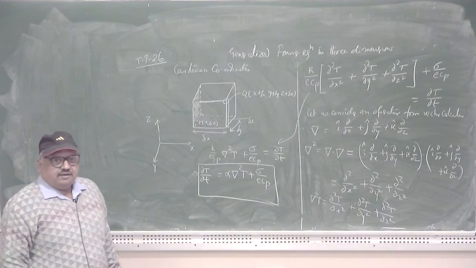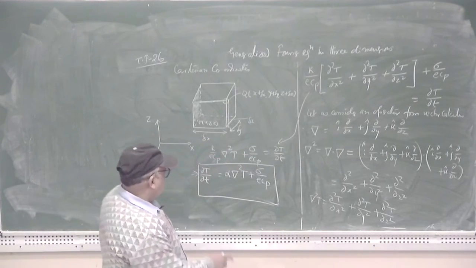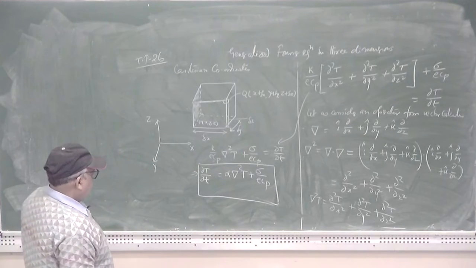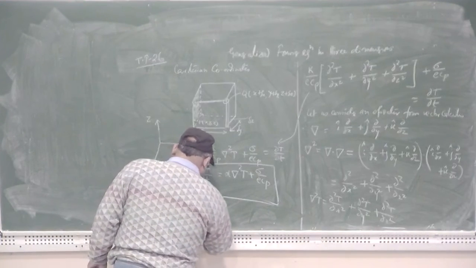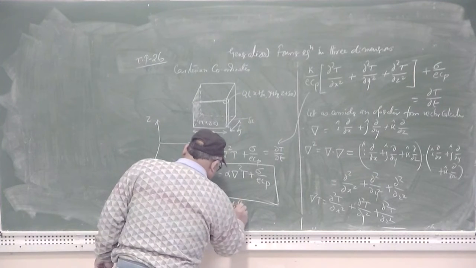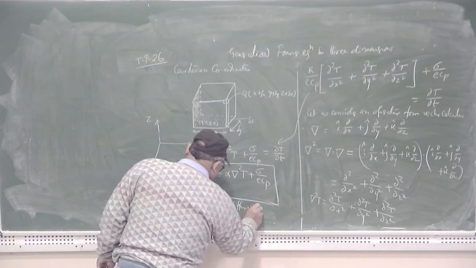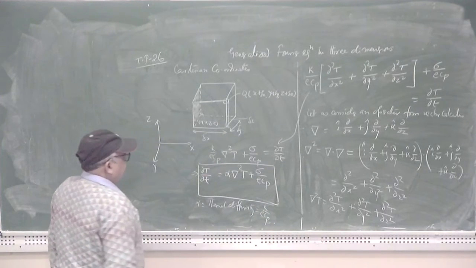Generalized Fourier heat conduction equation in 3 dimensions. Alpha is the thermal diffusivity, equal to K upon rho Cp.